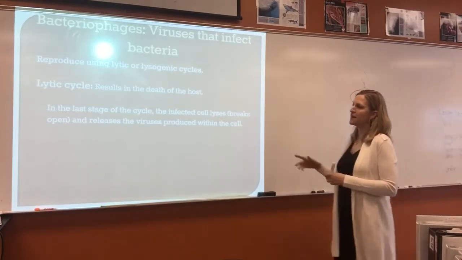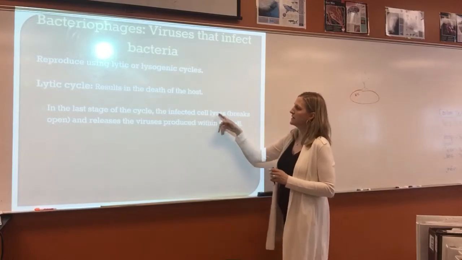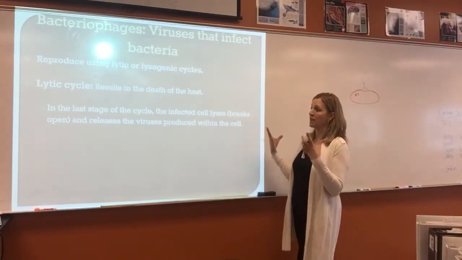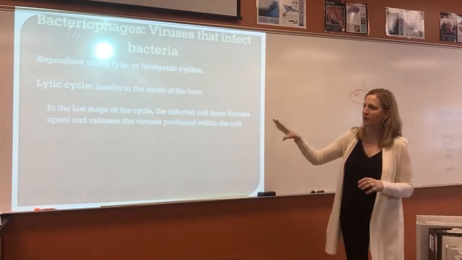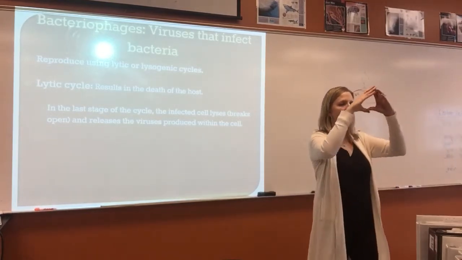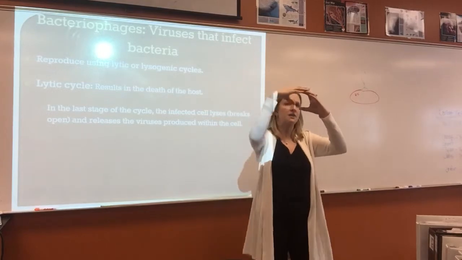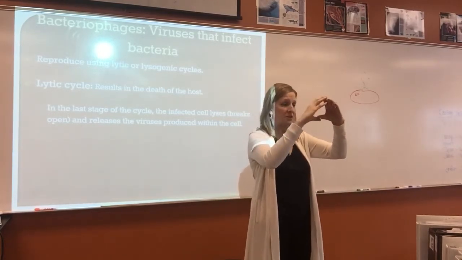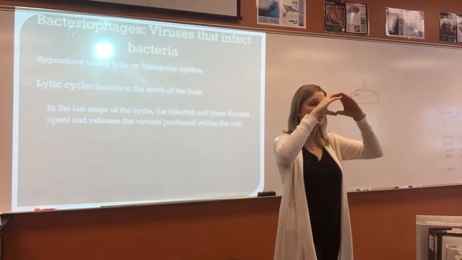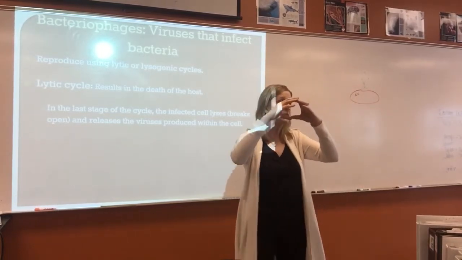In the last stage of the cycle, the infected cell lyses, or breaks open, and releases the viruses produced within the cell. The big picture of the lytic cycle is that if a bacterium is infected by a virus, the virus injects its genetic material and basically causes the bacterium to become a virus-producing factory.